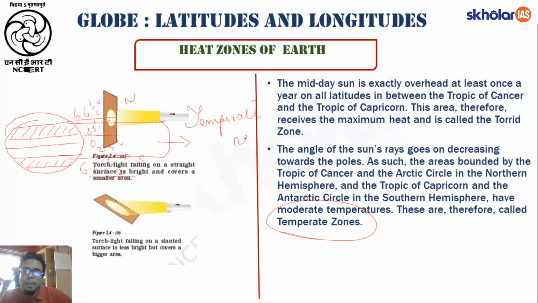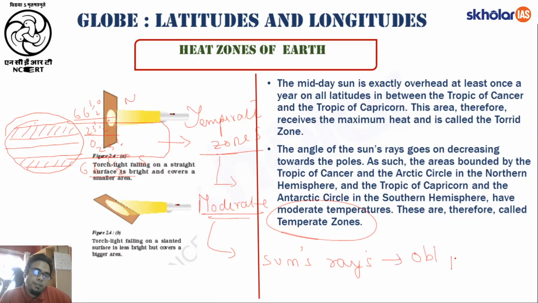Temperate zones. And in this zone that is found between your Tropic of Cancer and the Arctic Circle and your Tropic of Capricorn and the Antarctic Circle, here the temperatures will be moderate. Now why will the temperatures be moderate here? Because the sun's rays in this case are oblique or slanted, right?